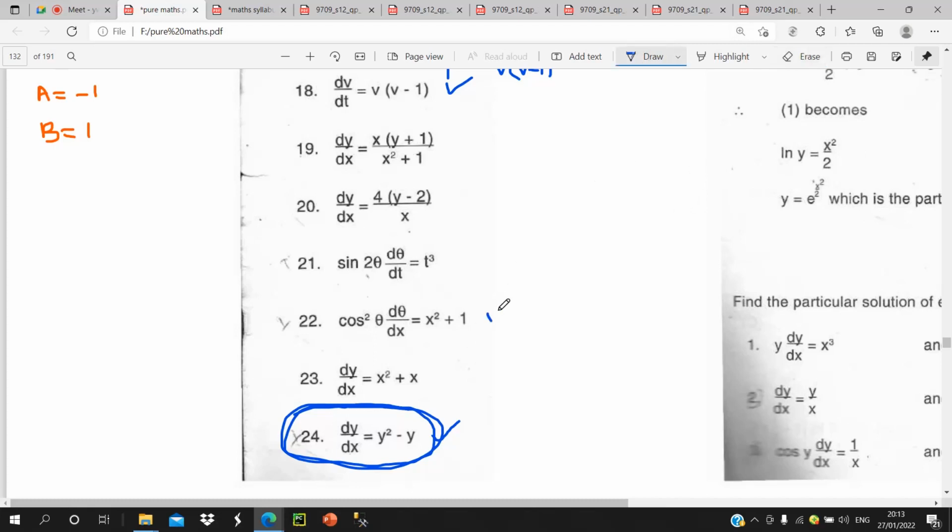Number 22, right? Yes. And number 19, then 20 as well. These three, 1, 2, and 3. You can try these ones.